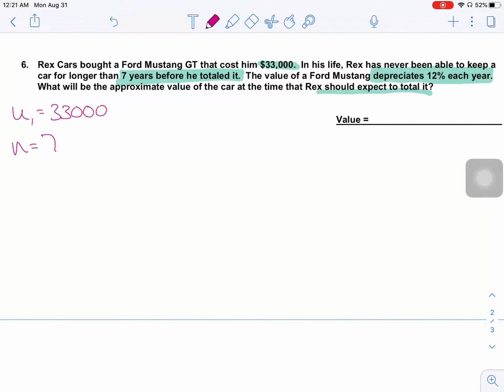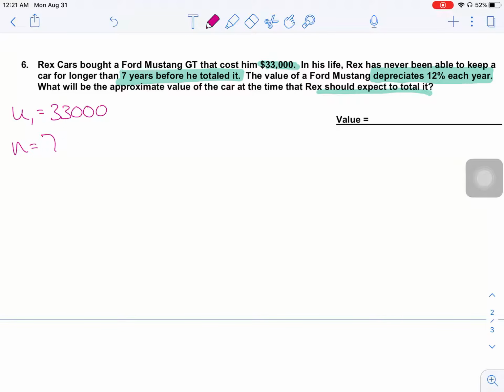Now, depreciation. Depreciation is what happens when you buy most material things. They are no longer worth as much as when you bought them. So when you buy a car and then you go to sell a used car, what you purchase brand new is more than what you can sell it used.